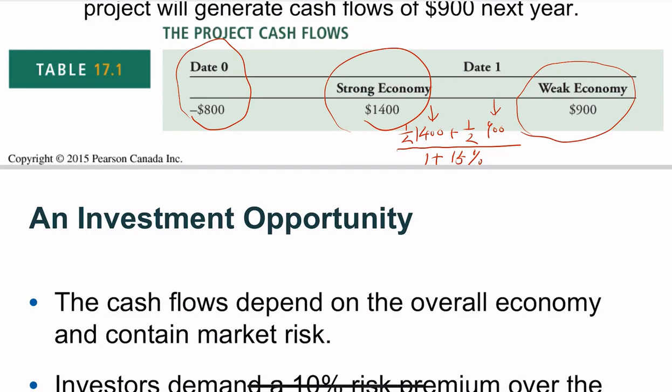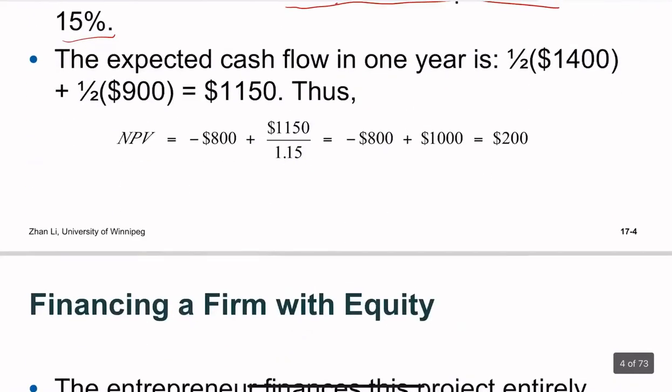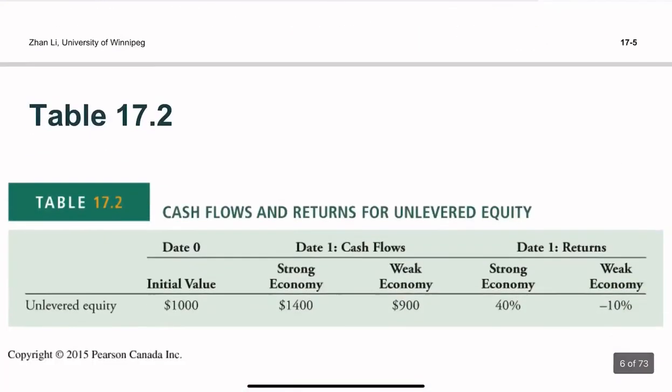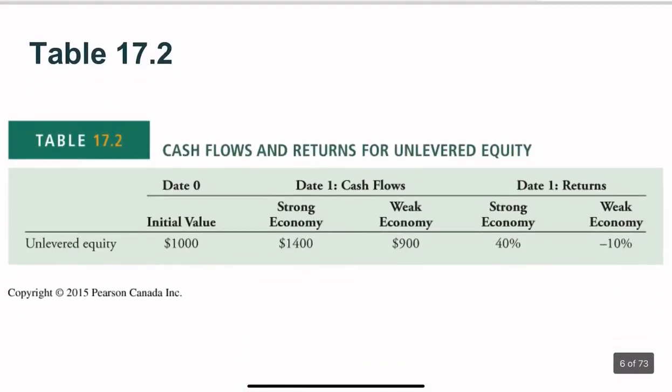In the end, you can see that the present value of these two cash flows is 1,000. And this is exactly the amount of equity this entrepreneur can raise. So the present value of the equity cash flow is 1,000. That is, investors will be happy to give the entrepreneur $1,000. The value of the equity in this firm is $1,000.